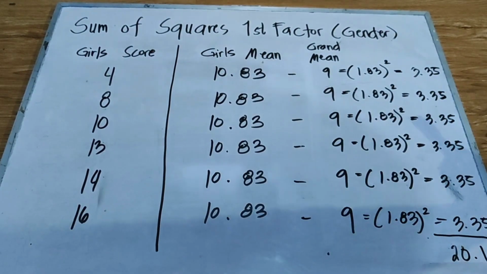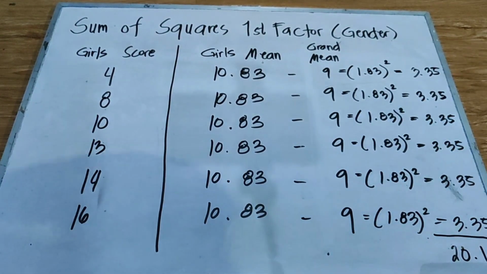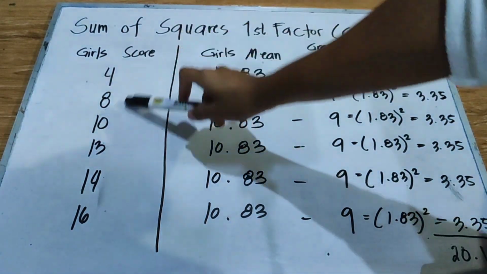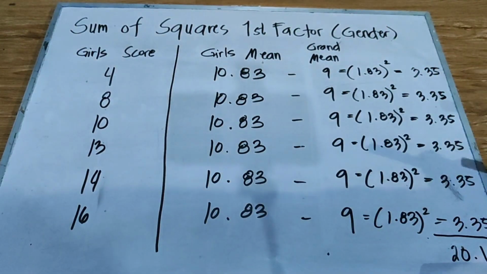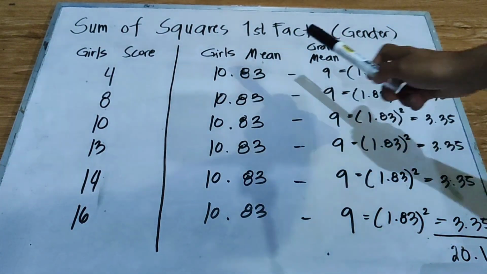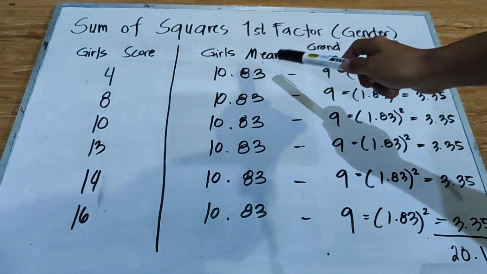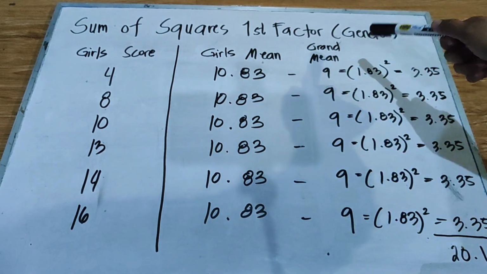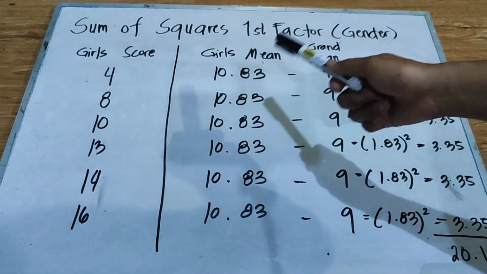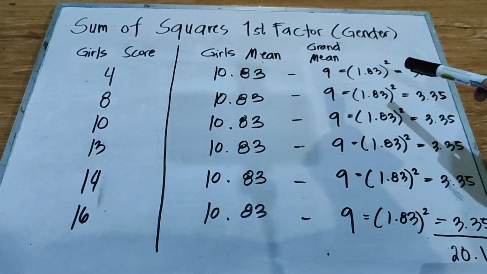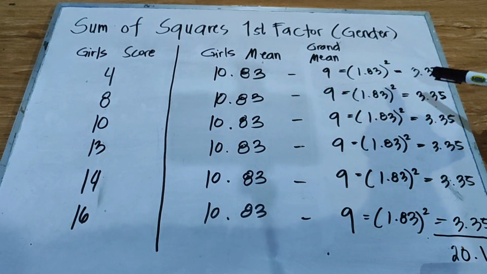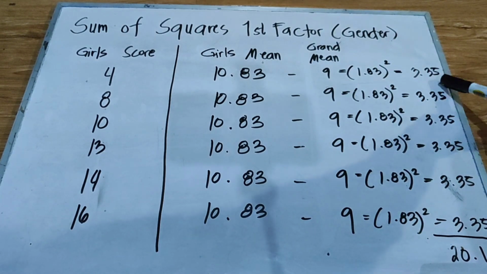Since nakuha naman na to ang boys group, so ari na po ta sa girls group. So mo nilang score gani, mo nilang scores 4, 8, 10, 13, 14 and 6. So ang girls mean kay 10.83 plus ang grand mean is 9. So 10.83 minus 9 is equals to 1.83 nya. 1.83 times 1.83 is equals to 3.35.